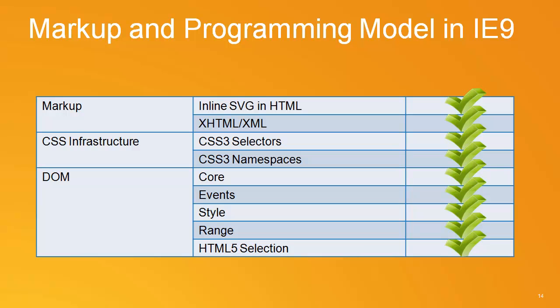We have improved support for XHTML in terms of compatibility, but also at the CSS infrastructure level we have selectors and namespaces, which make it easier for us to style our applications and websites. And at the DOM level, which is very important for applications, we have improved compatibility in terms of the core, event handling, style, range, and HTML5 selection.